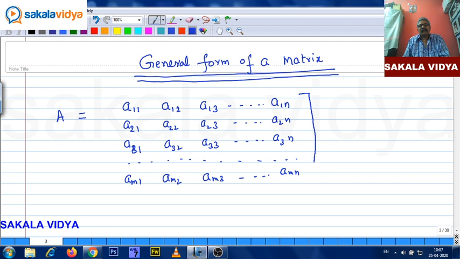This is the general form of an m by n type matrix.